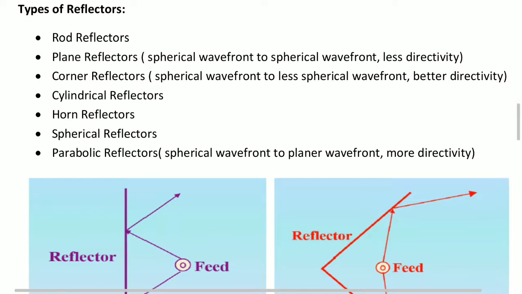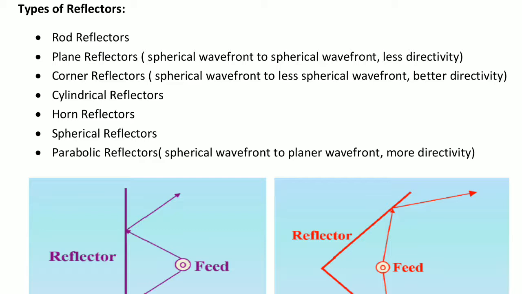There are some other reflectors also, that is the cylindrical reflector. It is a reflector which is a part of a cylinder. The cylinder is usually parabolic in shape. However, cylinders of other shapes can also be used. A horn reflector is a reflector antenna which consists of a section of parabolic reflector, with the feed being an offset horn which intersects the reflector surface.